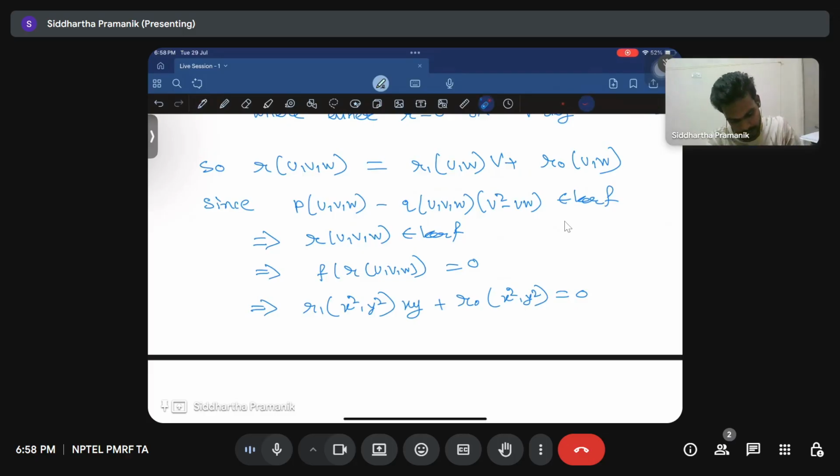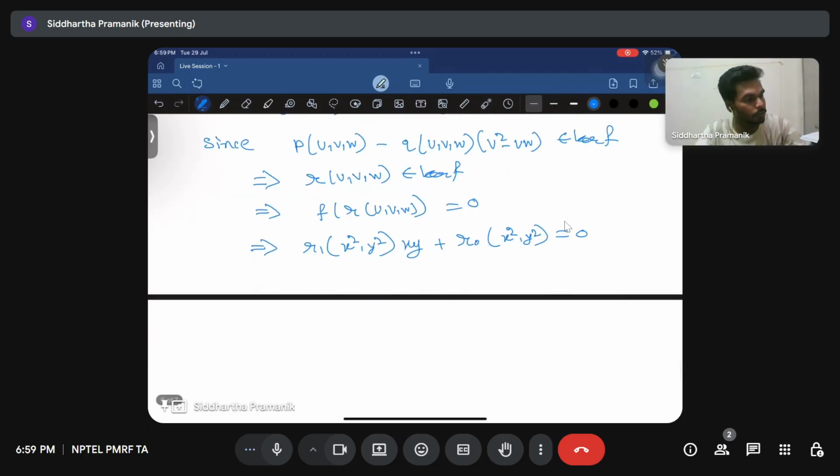Now observe that this is a polynomial in x and y. So what is the degree of x? This contains all even degree terms of x, also even degree terms of y, and we are multiplying x and y. So the x-degree is always odd, as well as the y-degree is always odd.